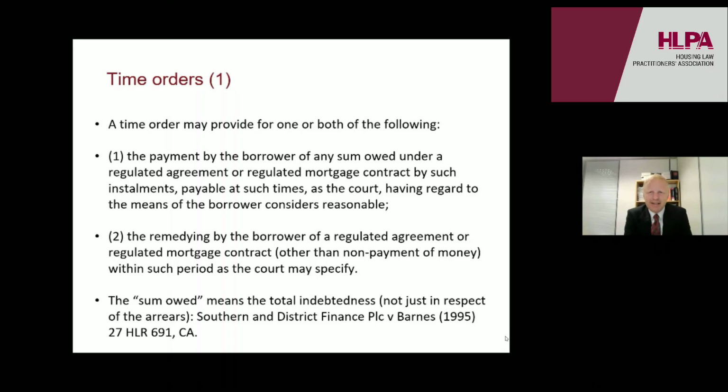So when the court makes a time order, it may provide for one or both of the following things. The payment by the borrower of any sum owed under the mortgage by such instalments payable at such times as the court, having regard to the means of the borrower, considers reasonable. It also has the power, when making the order, for the remedying by the borrower of a breach of a regulated agreement or regulated mortgage contract other than non-payment of money within such period as the court may specify.